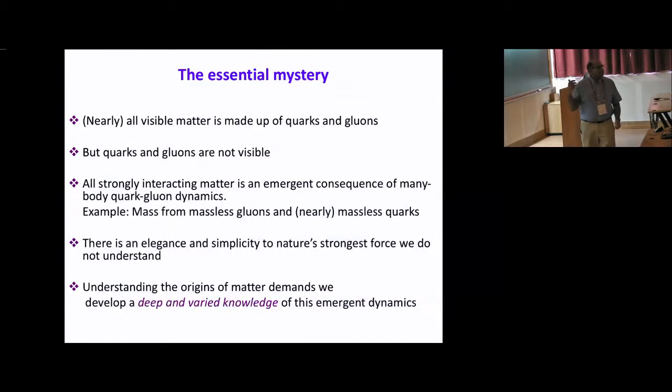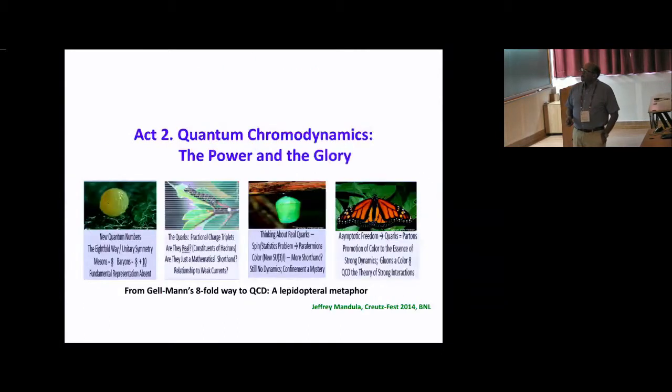And this is a problem that deserves a fundamental breakthrough because it's one of the most profound problems in all of science: the problem of confinement and how quarks and gluons actually get mass, and some understanding of how that happens. So that's Act 1.